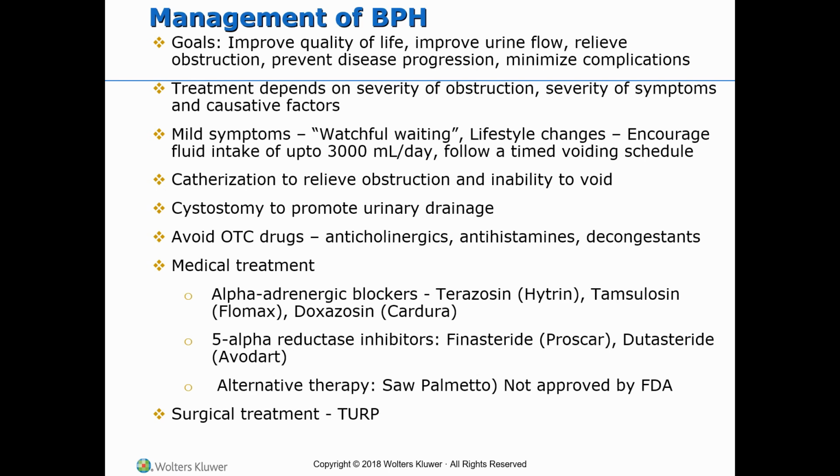Medical treatment includes alpha-adrenergic blockers like terazosin, tamsulosin, and doxazosin, which help relaxation of the smooth muscles and therefore improve the urine flow and relieve symptoms of BPH. The main side effects are postural hypotension, dizziness, headache, and rhinitis. So blood pressure is checked before administering this medication.